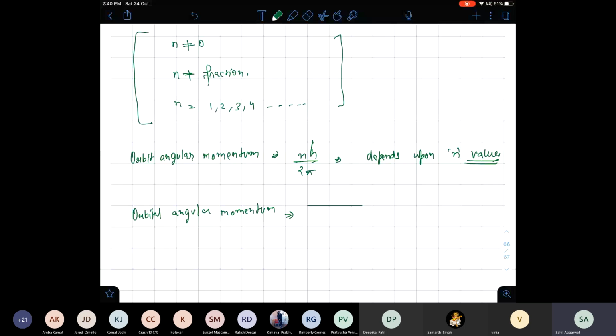It was root of L into L plus 1 into h upon 2 pi. Depends upon L value. ये सब शेल पर डिपेंड करेगा.